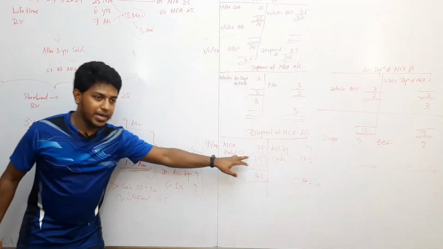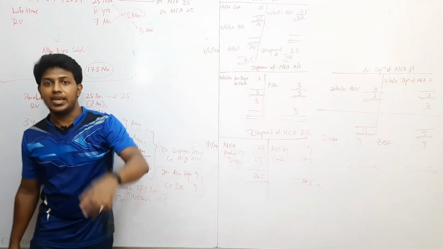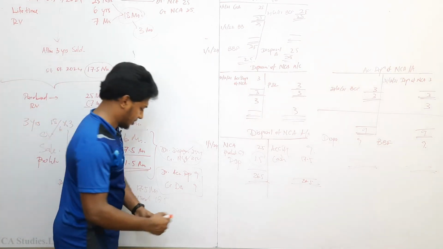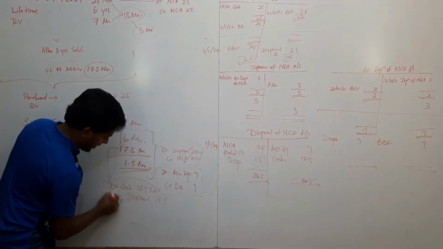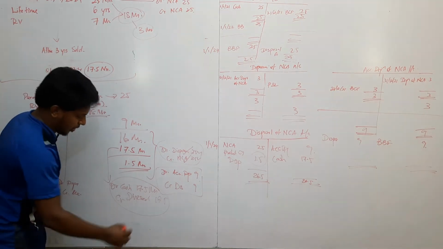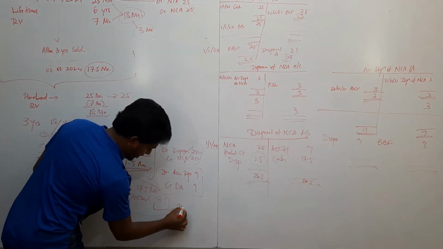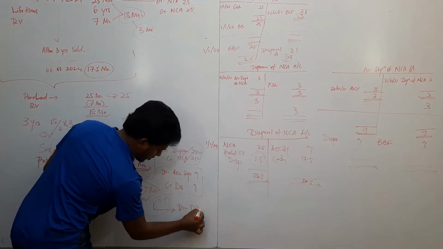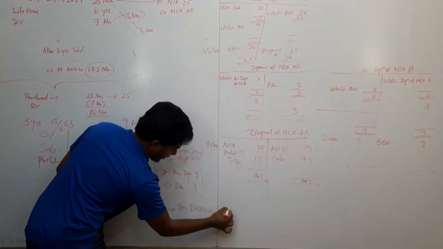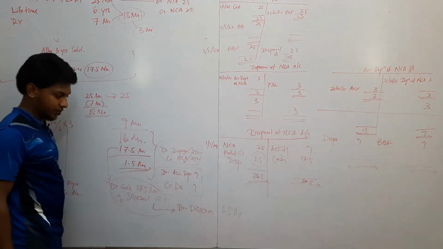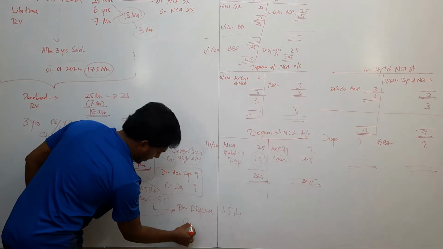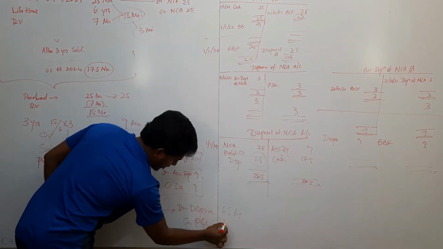So debit disposal account, credit P&L is the final double entry. This double entry is passed, right? The final double entry is debit disposal 1.5 million, which we have to find through this calculation, and credit P&L 1.5 million.